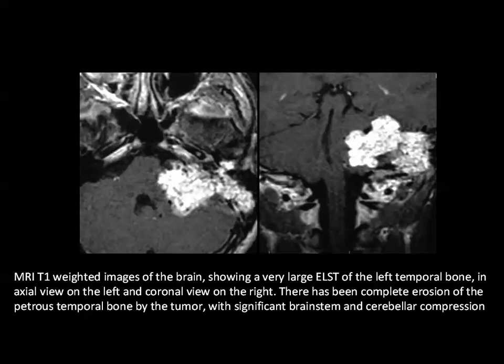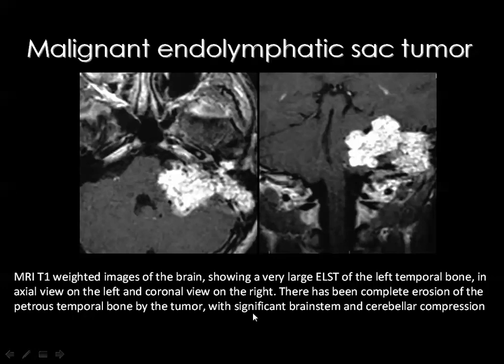This tumor is an aggressive tumor in the petrous bone with destructive changes and an extraosseous soft tissue component compressing the cerebellum. In the differential diagnosis, you may include chondrosarcoma, lymphoma of the skull base, or metastasis to the skull base, and this tumor has been proved to be a malignant endolymphatic sac tumor.